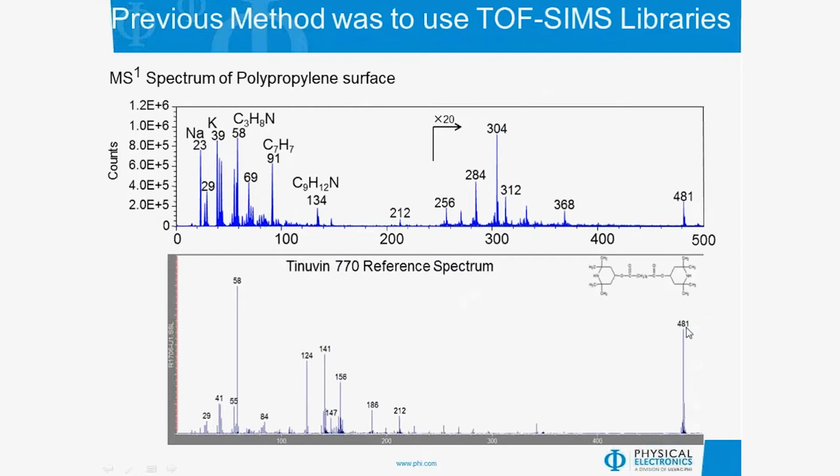But as you can see, it's quite a challenge because the fragments from the tinuvin are just buried in the fragments from all the other molecules. And basically, besides the 481 and the 58, it's pretty difficult to find any of these fragments.